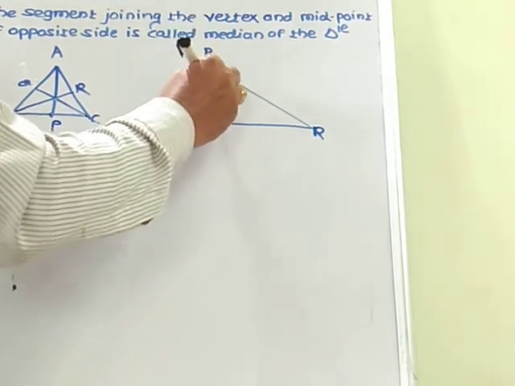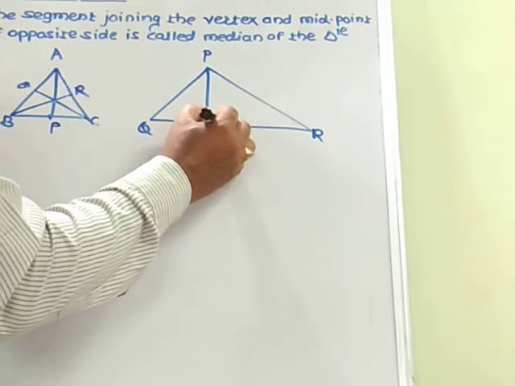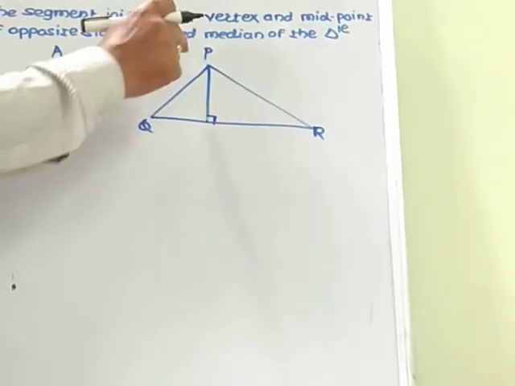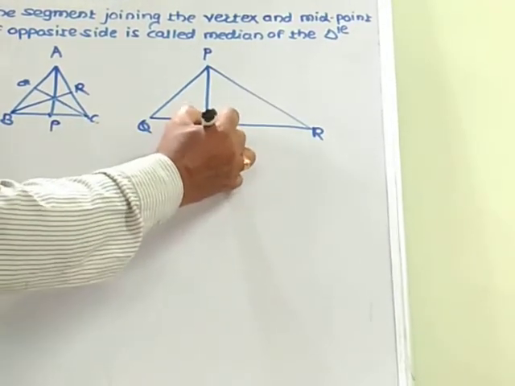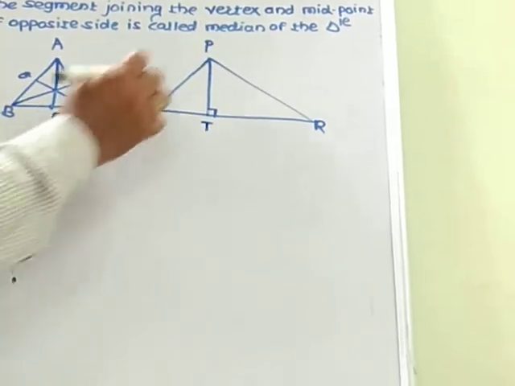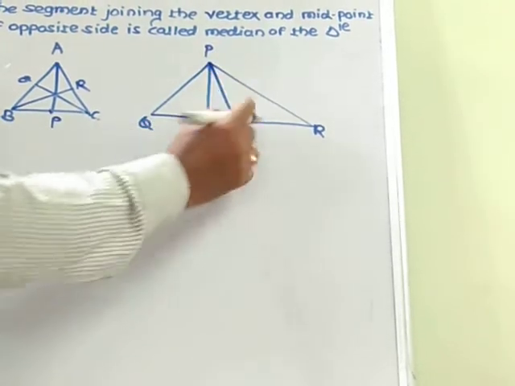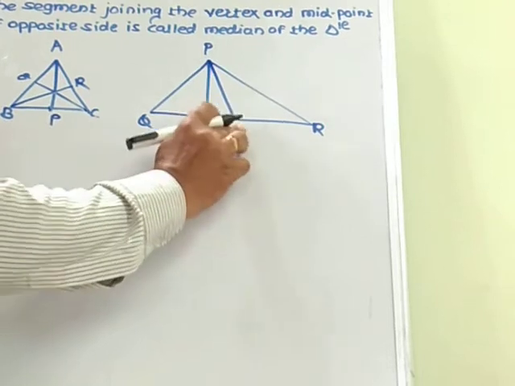Altitude is perpendicular, not the midpoint of the opposite side, only perpendicular to the opposite side. From P, a vertex of the triangle, the perpendicular to the opposite side QR meets at T. But a median joins the vertex to the midpoint, that is TQ, TS.